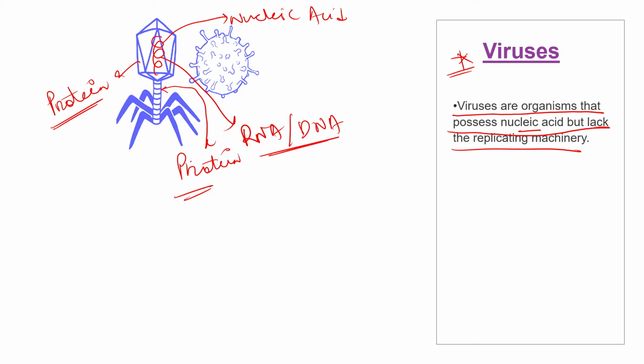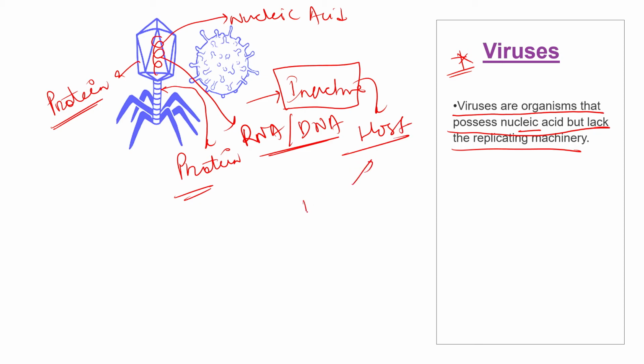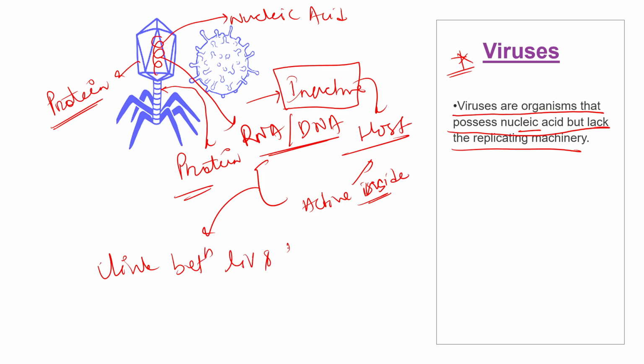So from here we can understand viruses have two parts: nucleic acid and protein. Viruses are inactive in nature, but where? Inactive outside the host and active inside the host. So from this discussion we have understood that viruses are the link between living and dead organisms.